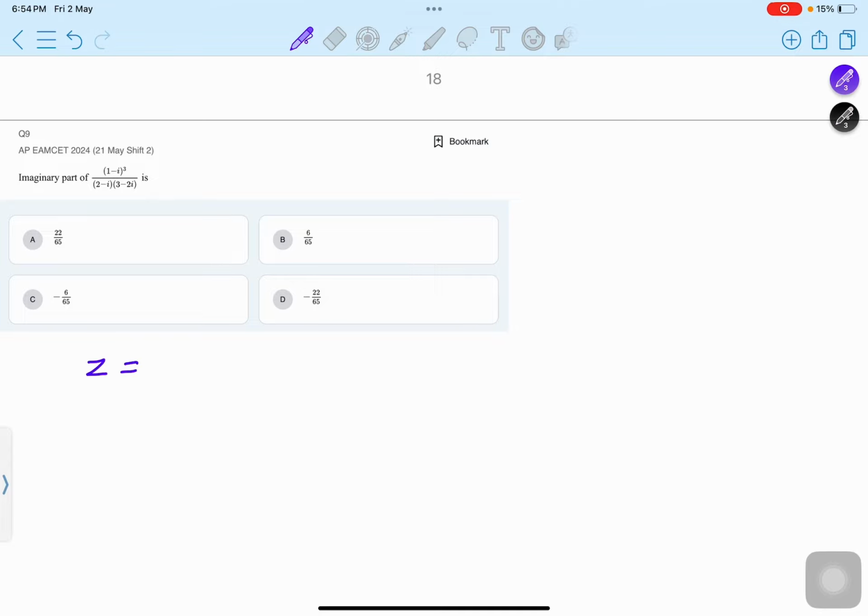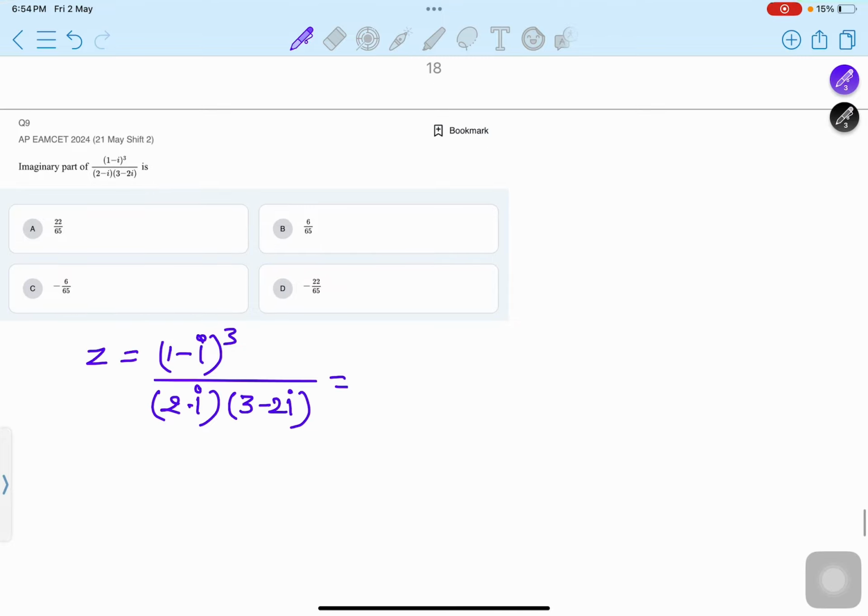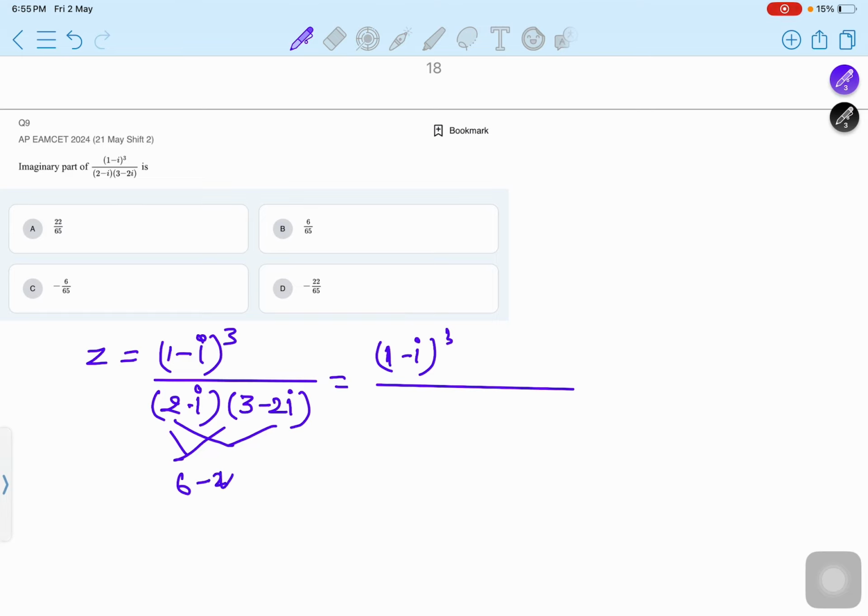So z is equal to, given that, 1 minus iota power 3, and given that 2 minus iota and 3 minus 2 iota. Okay, so firstly multiply the numerator. So 1 minus iota cube, and given that 2 into 3 is 6, 2 into minus 2 iota is minus 4 iota, minus 3 iota, and plus 2 iota squared.